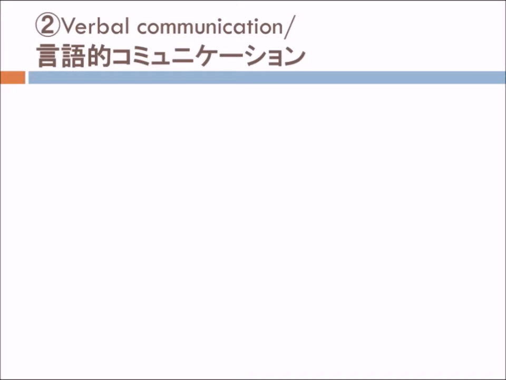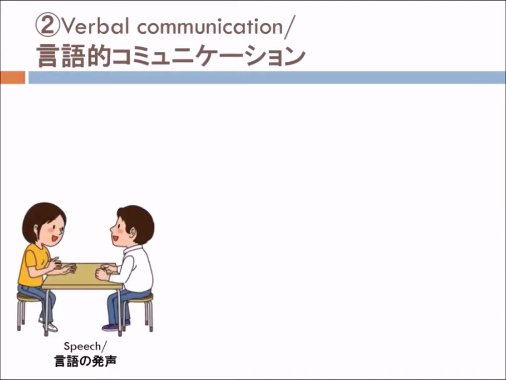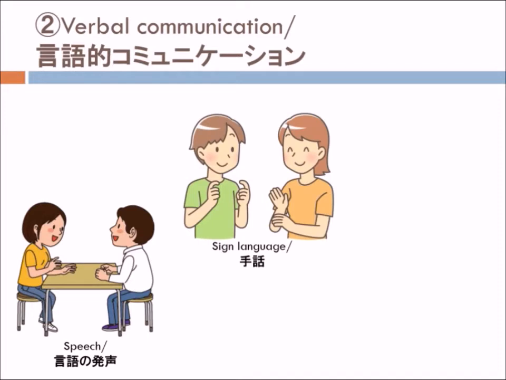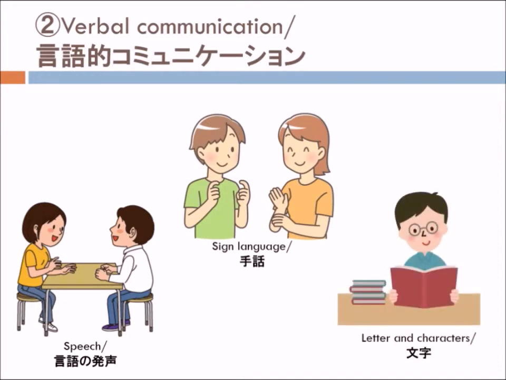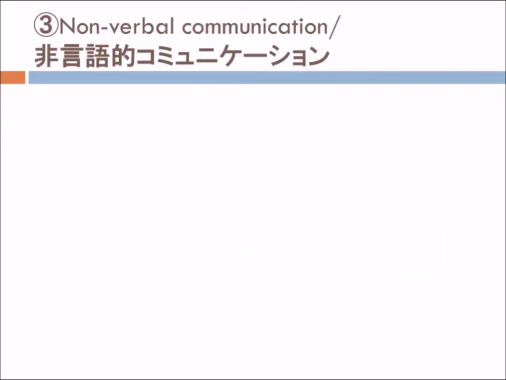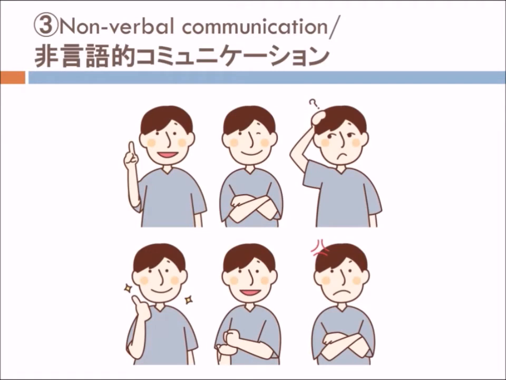Verbal communication is made through conversation via speech and sign language, and through letter and characters. Non-verbal communication. Non-verbal communication is made through hands and body gestures and facial expressions.